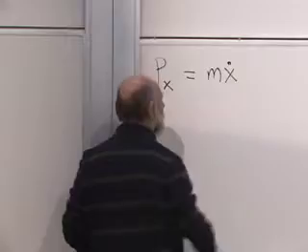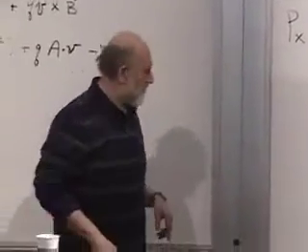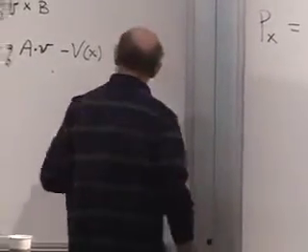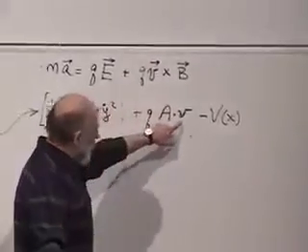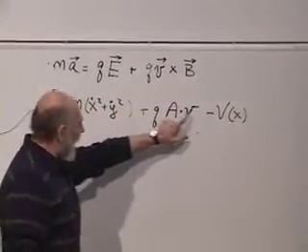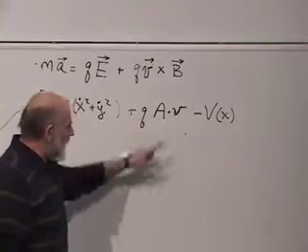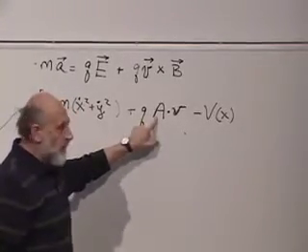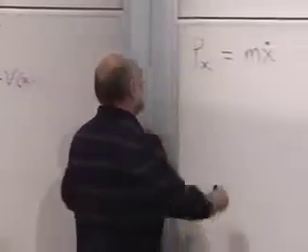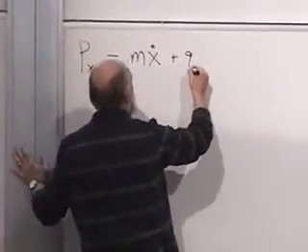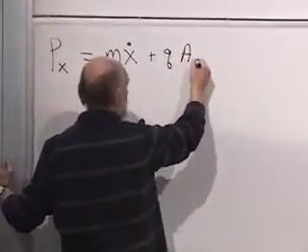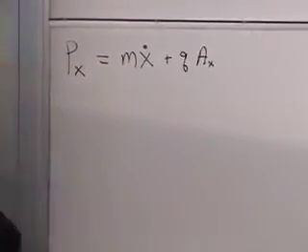Well, that's not surprising. That's just mv, good old momentum. But then there's another term. The x dot also appears in A dot v. This is x dot times A_x. So there's another term, q A_x, and that's it. q times A_x.